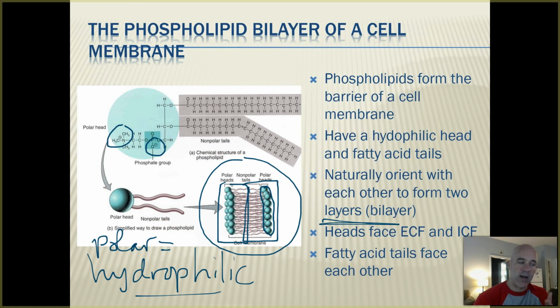So because of this structure that they have, these phospholipids are natural at forming these lipid bilayers where you have these two sheets that get together. You can almost think about the heads of the phospholipids as forming like the bread of a sandwich, and then the fatty acid tails are forming the peanut butter on the inside. And so this makes a very nice barrier.